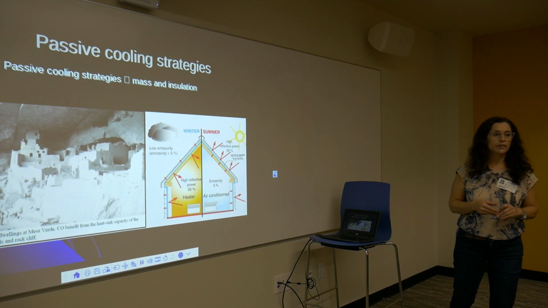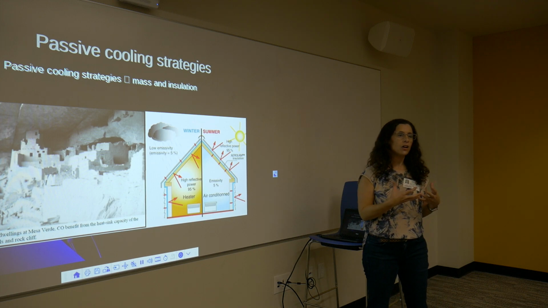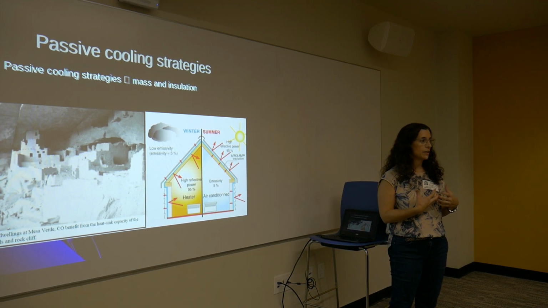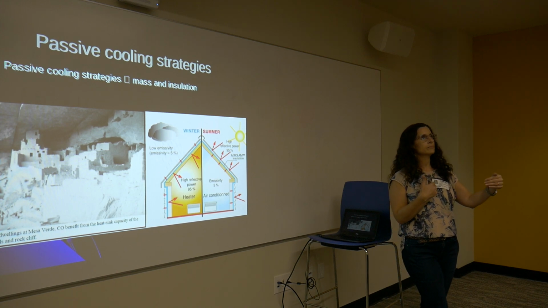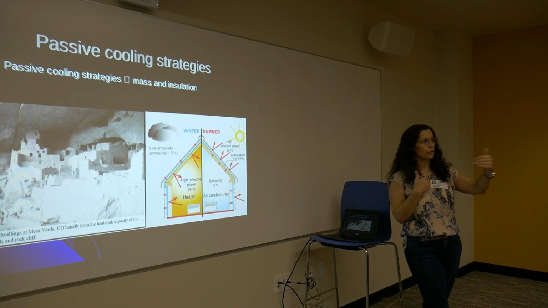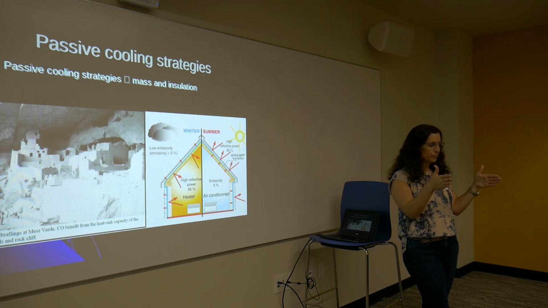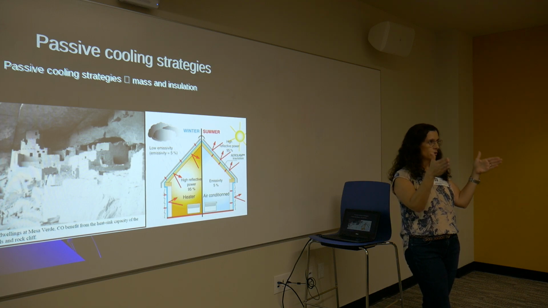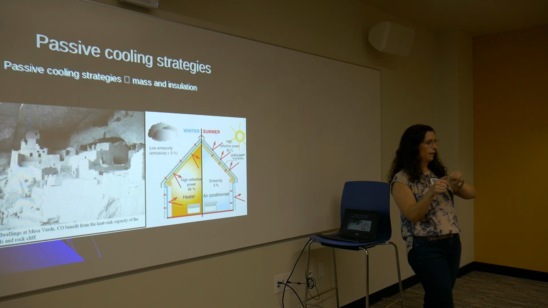Also, the use of your geography, where you are, and the mass. The thicker and heavier the material, the better for avoiding heat, because the heat is going to spend more time traveling through that wall or material to get inside. The ideal thing is that during the day, you let that wall or material start absorbing heat, and when the night comes and the temperatures get lower, the path of the heat is vice versa.